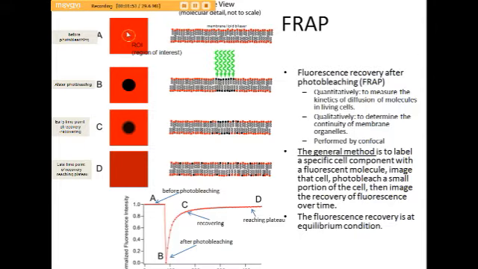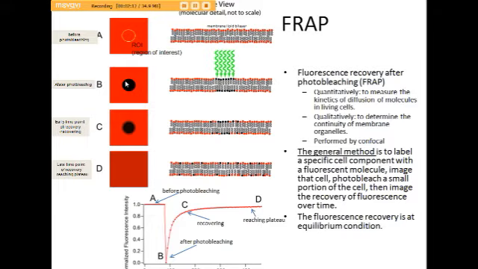If we use a very high laser to repeatedly scan this area very quickly, you can imagine that the fluorescence molecules within will be photobleached. This is done in a very short time.